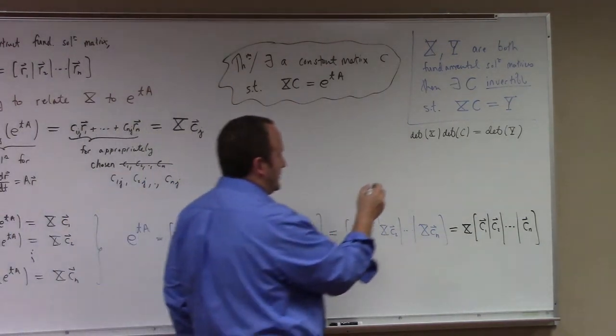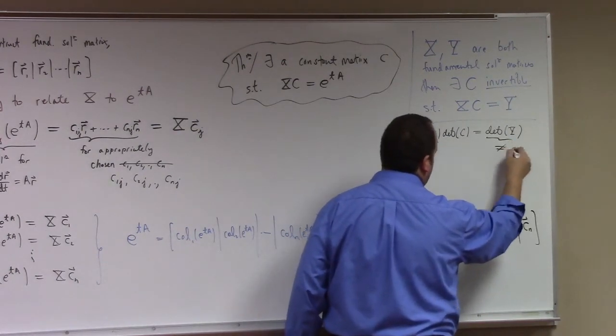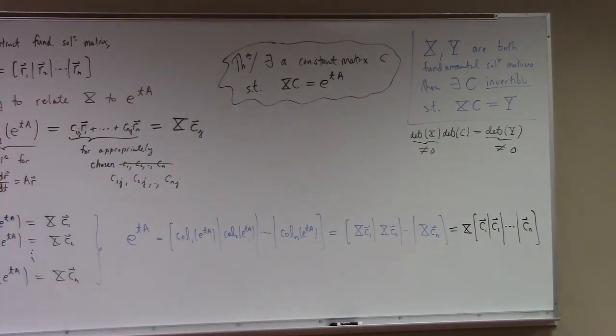An invertible matrix has a non-zero determinant, so that forces the constant matrix to also be invertible. The same is true for my earlier theorem, that C actually has to be not just a constant matrix, but an invertible constant matrix. All right, great.